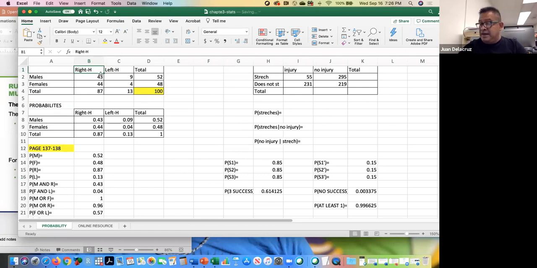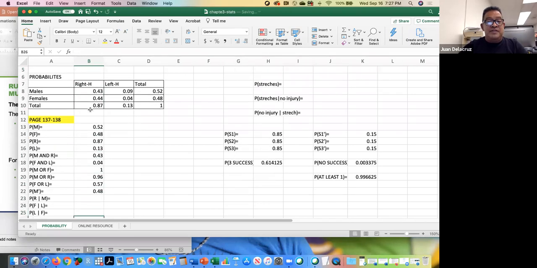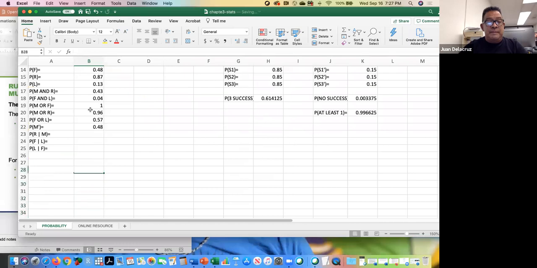So we're gonna divide the 43 by the 52. So here the question is the probability that the person is right-handed, given that is a male. So we are gonna do 43 divided by 52. Equal 43 divided by 52.